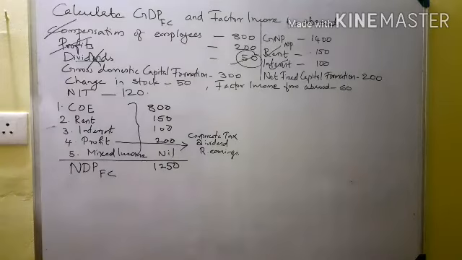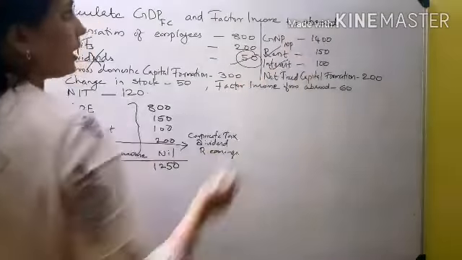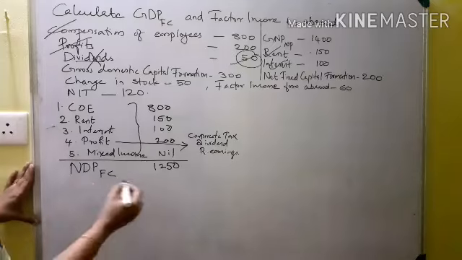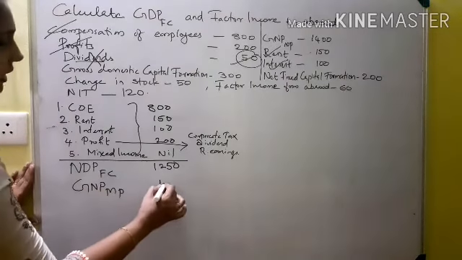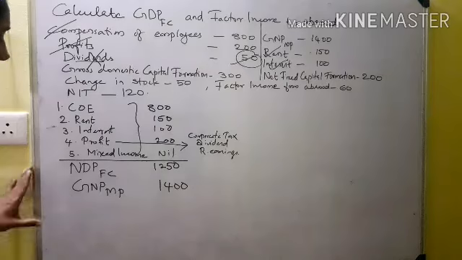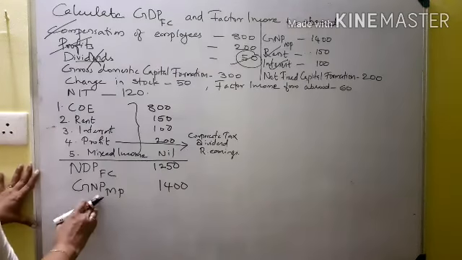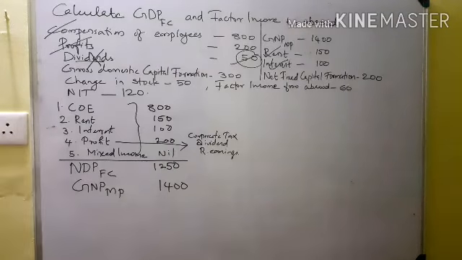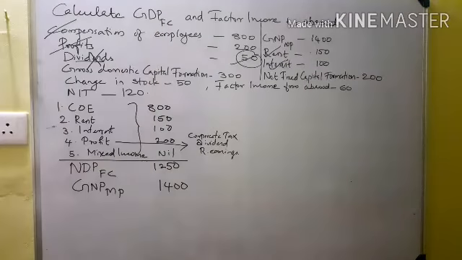Then that total is equal to NDP FC, that is 1250. Another information given in the question is GNP MP 1400, that means gross national product at market price. What we need is gross domestic product at factor cost.